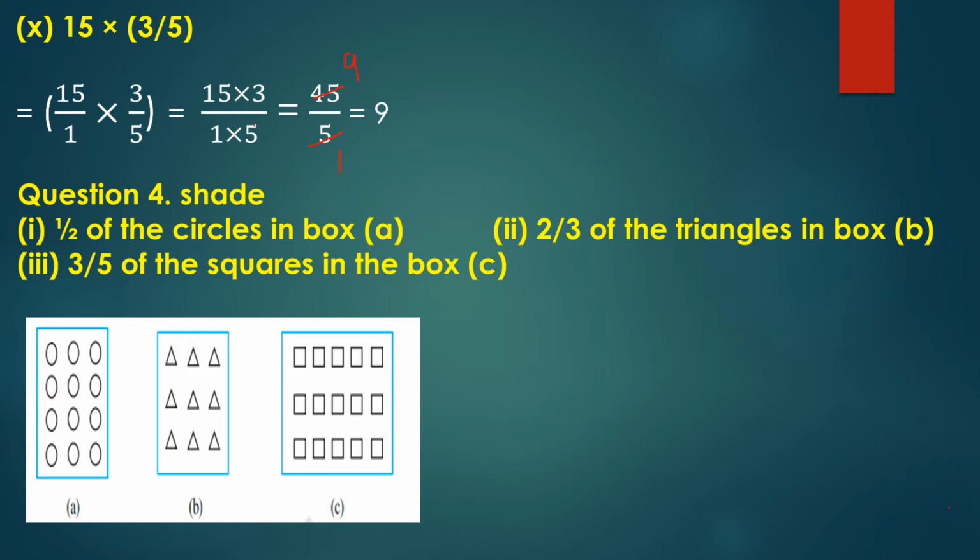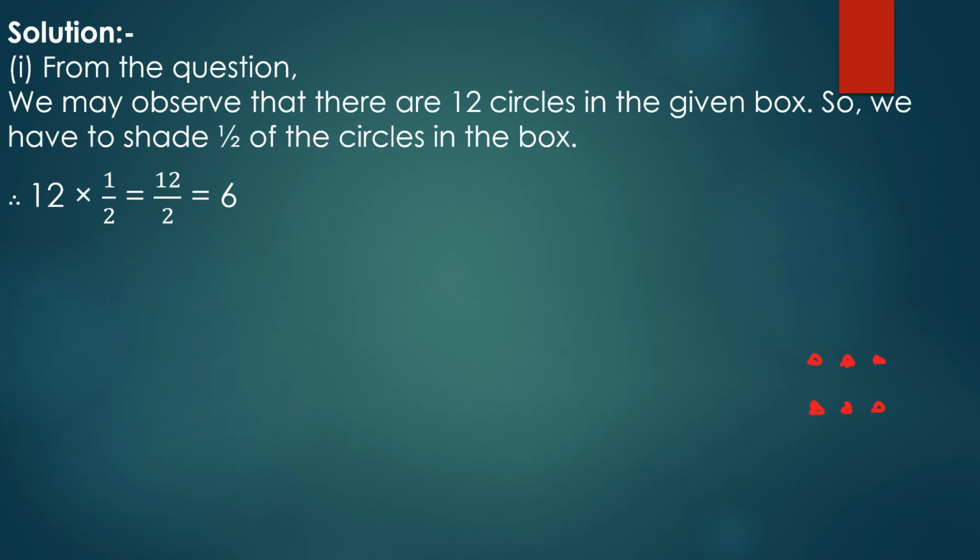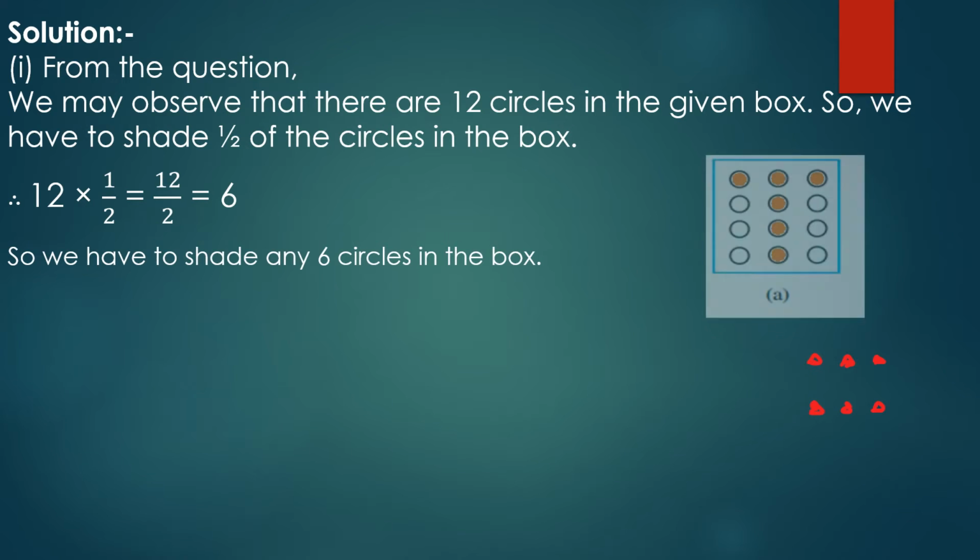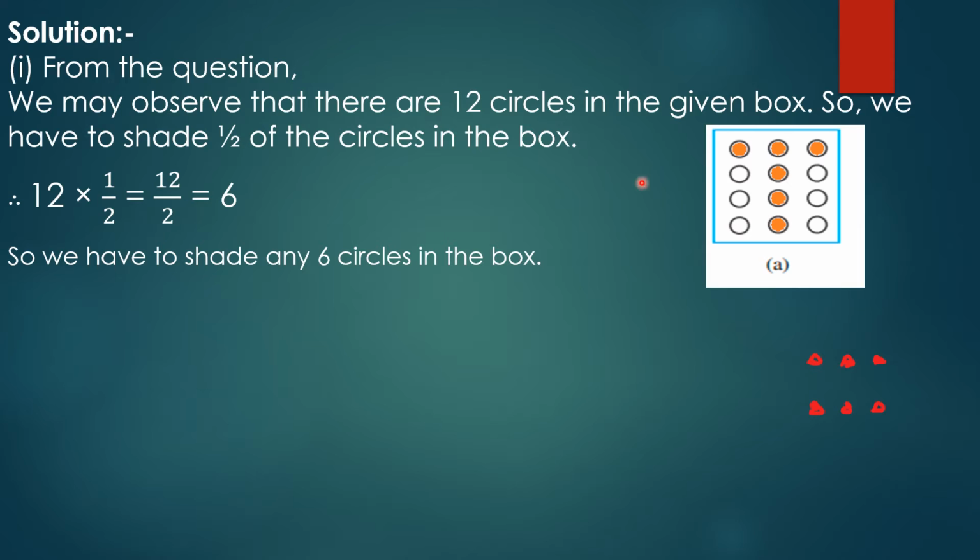Now let us see one by one how to solve the given questions and how many circles, triangles and squares need to be shaded. In the first question they are asking half of the circles in the box to be shaded. How many circles are there in the box? There are 12 circles in the given box.